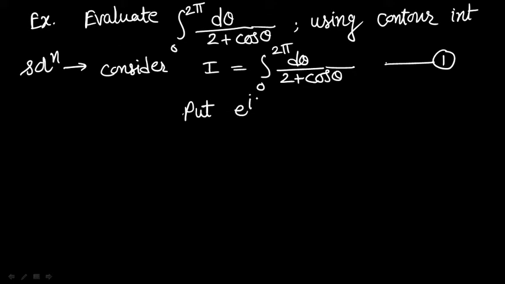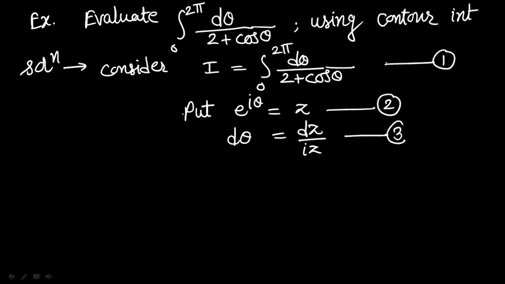Put e to the power i theta equal to z, equation number 1. Then d theta equal to dz by iz, next equation. Then for the cos theta term, we write down the formula for cos theta: cos theta equal to 1 by 2 of z plus 1 by z.